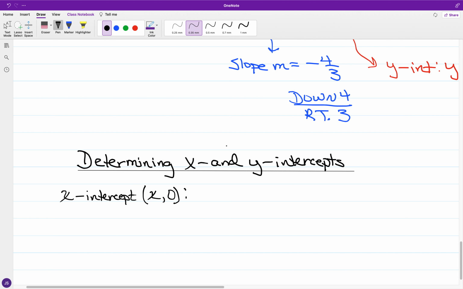An x-intercept will be a location where the graph is going to touch or cross, the location where the graph crosses or touches the x-axis.